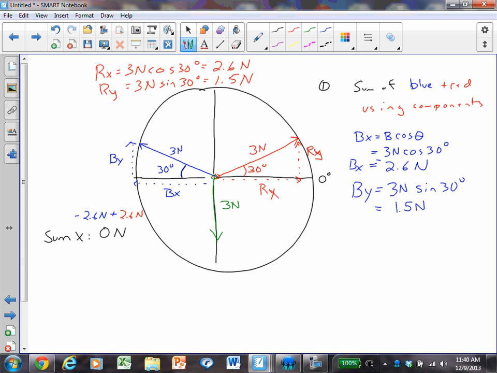And then the sum of the y's would be 1.5 newtons plus 1.5 newtons equals 3 newtons, right? So our sum of the red plus the blue is positive 3 newtons. Does that make sense?